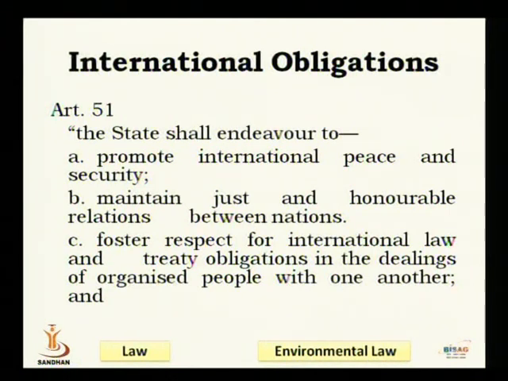Ratifying the international convention does not mean that the state is under an obligation to enact the law.